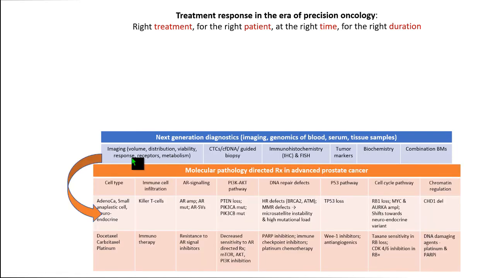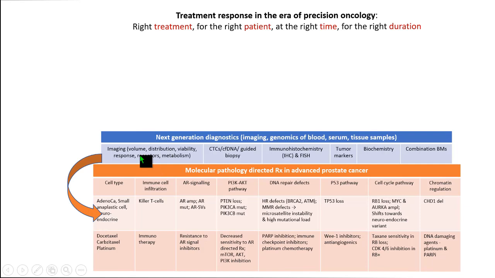Now, these next generation diagnostics determine next generation treatments, which you've just had in front of you. So, for example, you can see various types of inhibitors for various pathways.